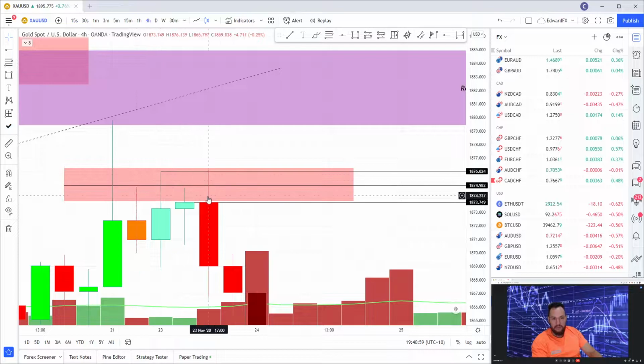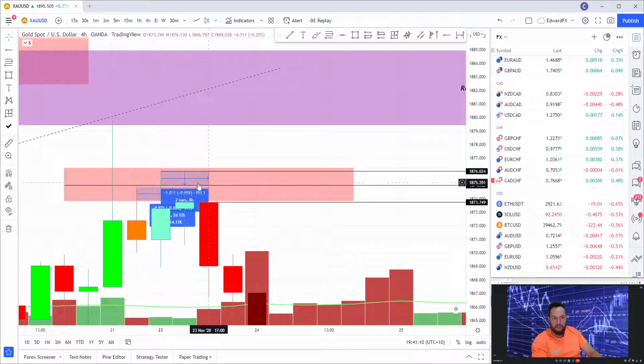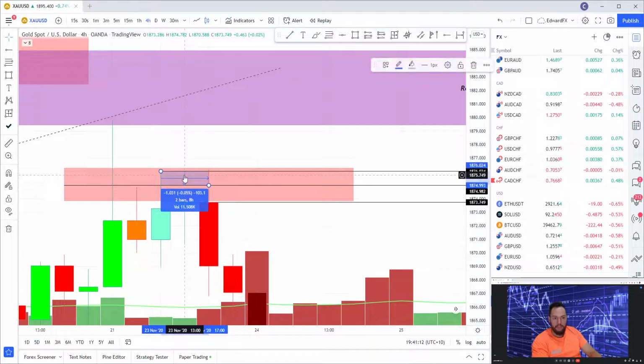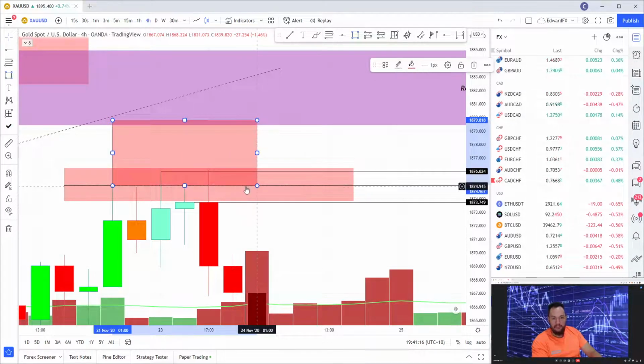We have a zone in these rejection areas of where a discounted price is, and where a premium price is. The area where we would like to get in is in the discount, in relation to the direction of the trade.